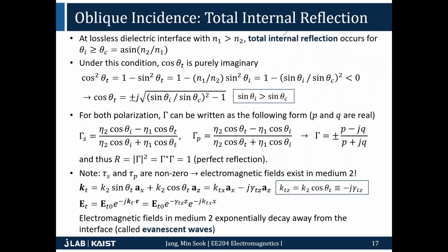That's a little bit too much detail, but anyway, I just want to convey a proper picture of total internal reflection. Although the reflectance is one, there still exists an electromagnetic field in region 2, and that's how it exists.